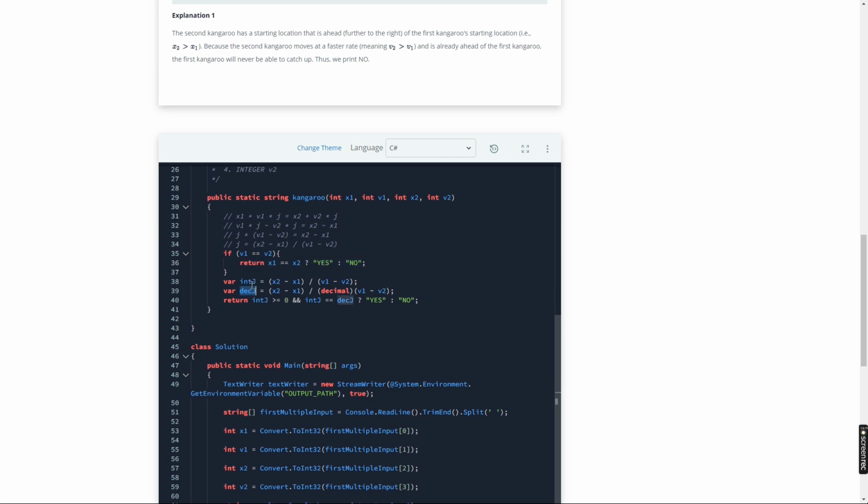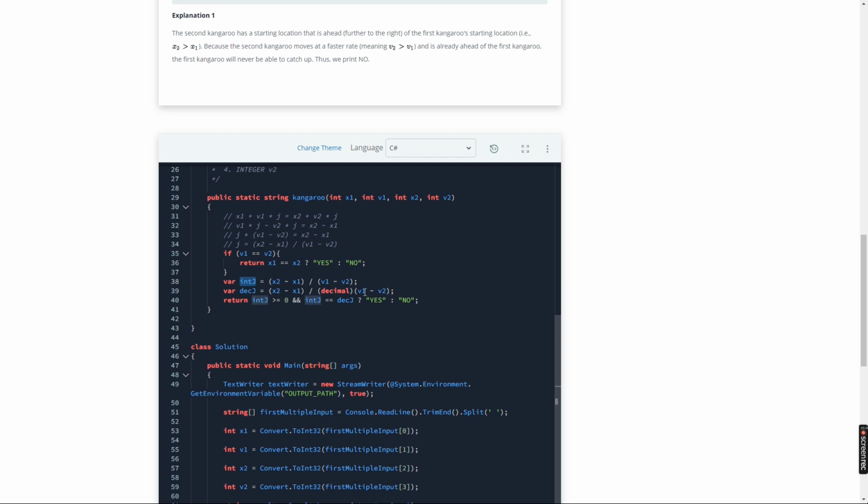And then we find j, integer j and decimal j. So that's a .NET trick. Because all those arguments are integers, we get integer j, and the decimal part is just truncated, thrown away. That's how .NET works. That's how we can get the integer part.